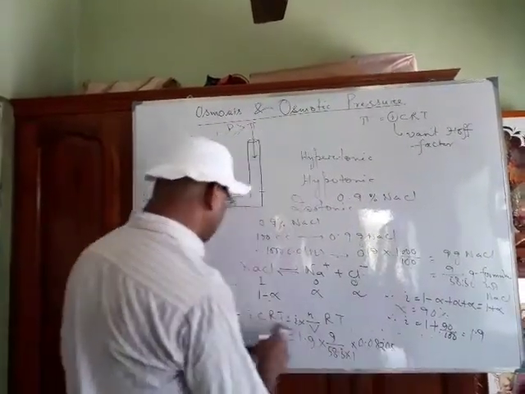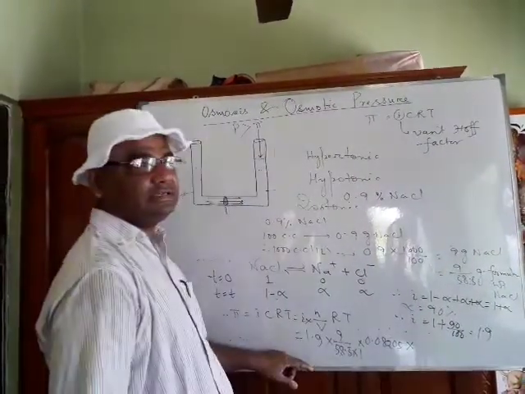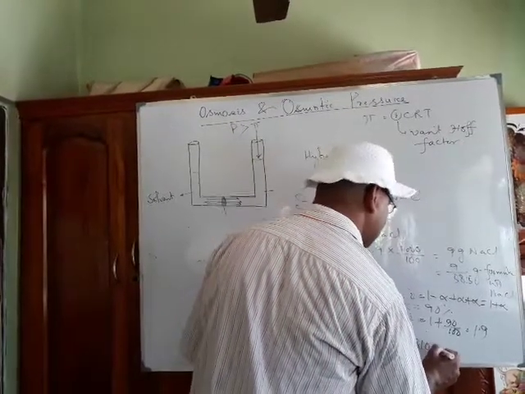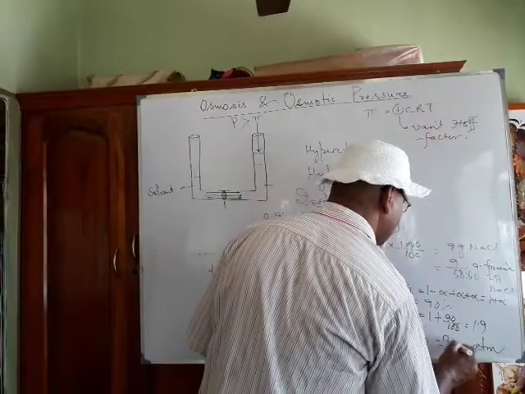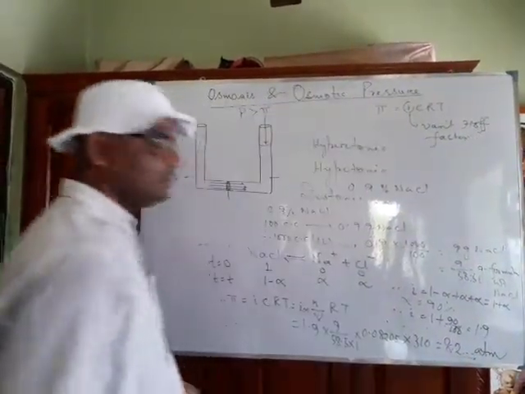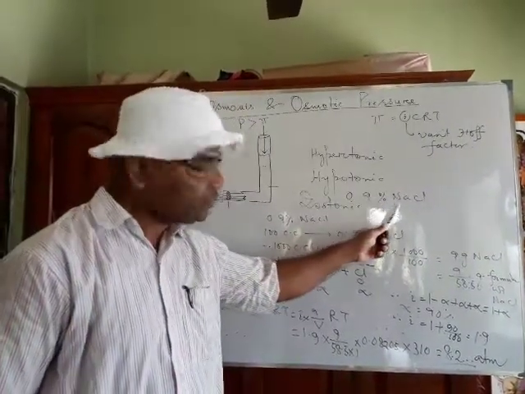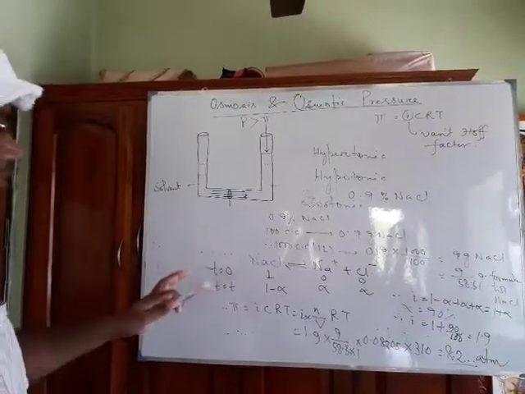Obviously the unit of pi will be atm, and suppose the temperature is 37 degrees centigrade, means 310 Kelvin. So at that time you will get the osmotic pressure almost 8.2 atm or something like that. That is the osmotic pressure of blood. That is the osmotic pressure of 0.9% sodium chloride, and that's why these two solutions are called isotonic to each other.